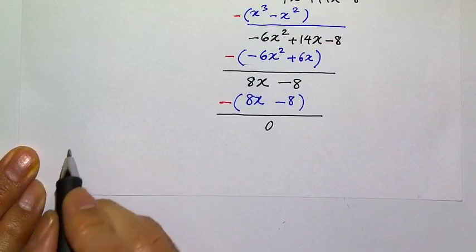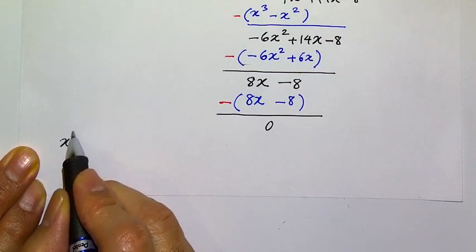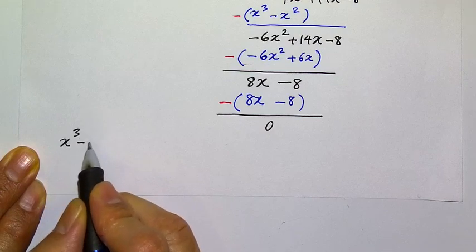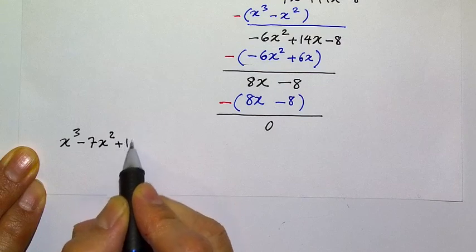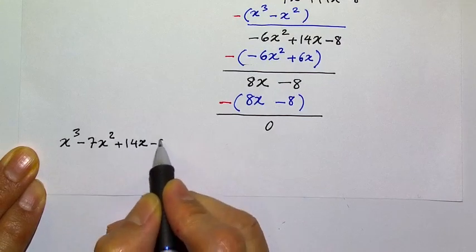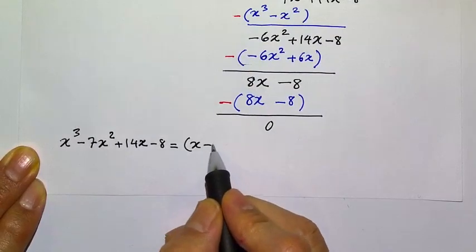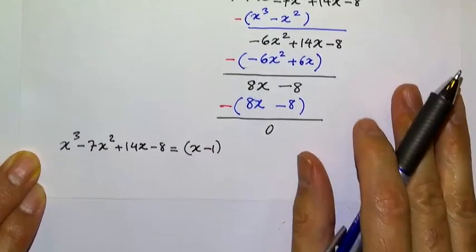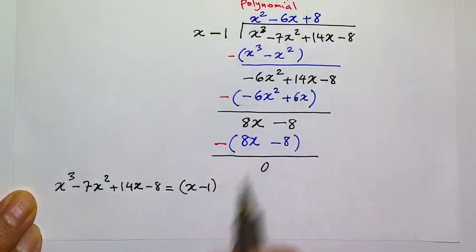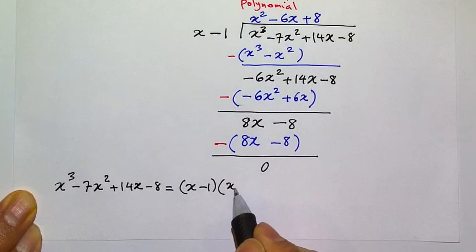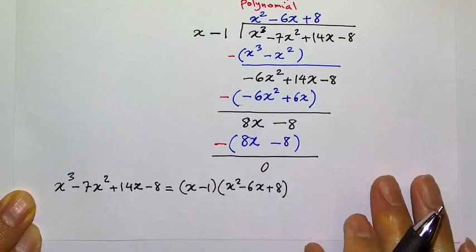We started with x cubed minus 7x squared plus 14x minus 8. So we just found the factorization of that: x minus 1 times all of that, right? So times x squared minus 6x plus 8.